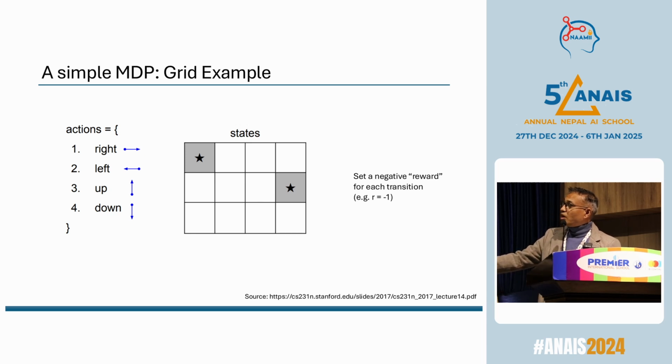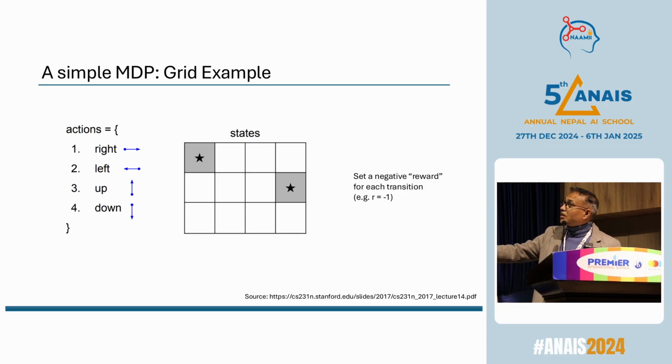If we place a human in this cell, what are the possible actions? It can move up, right, left, or down. These 4 elements form a set of actions.